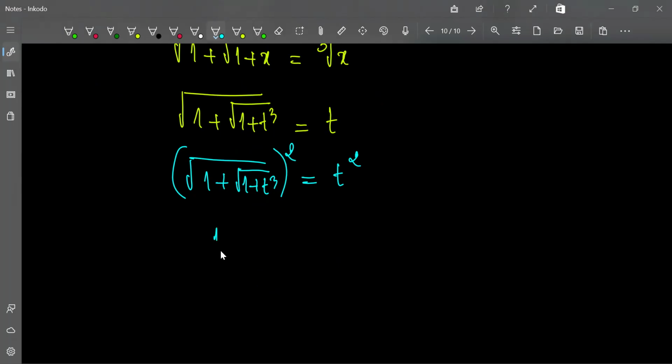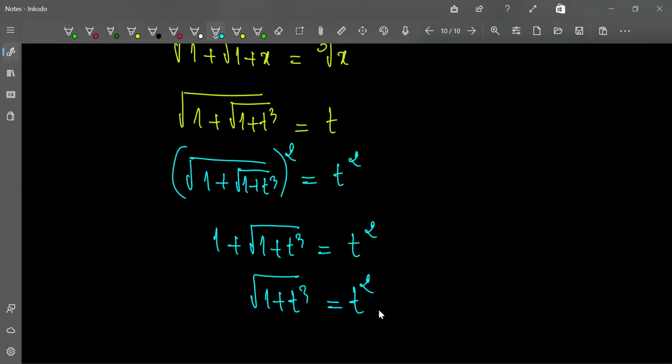So we can write 1 plus the square root of 1 plus t cubed equal to t squared. And then I want to isolate the square root of 1 plus t cubed. So it equals t squared minus 1. So for the next step, I want to raise both sides to the power of 2 again.